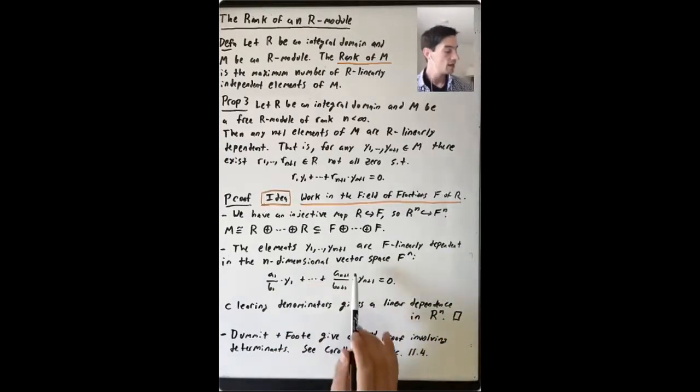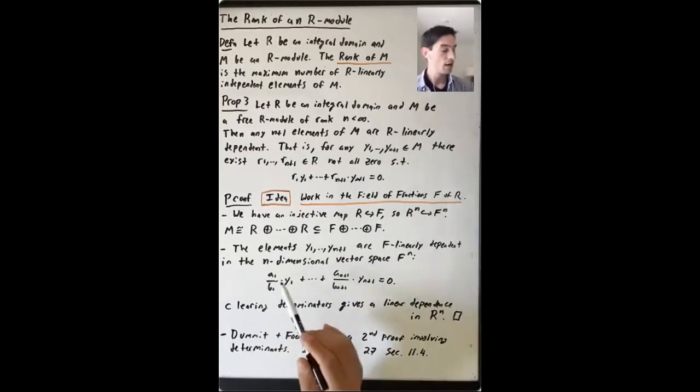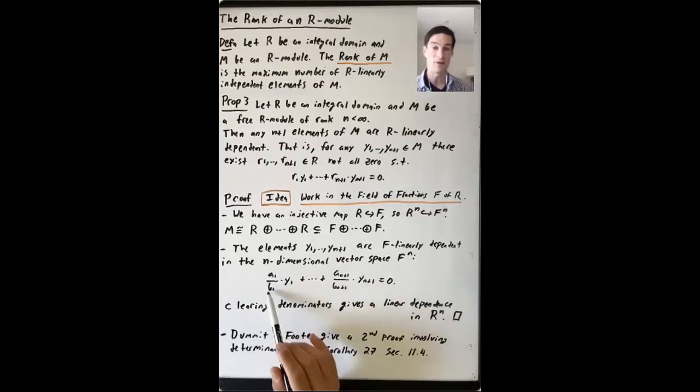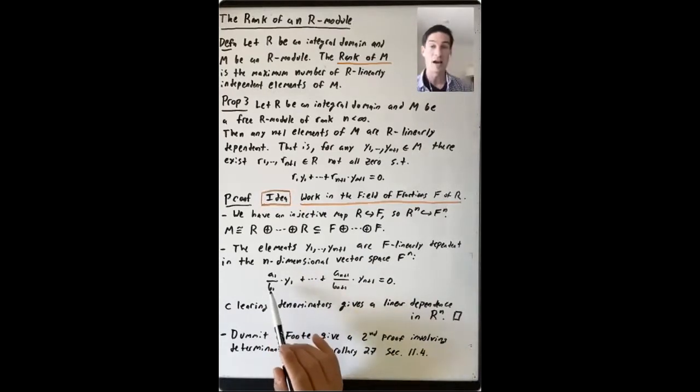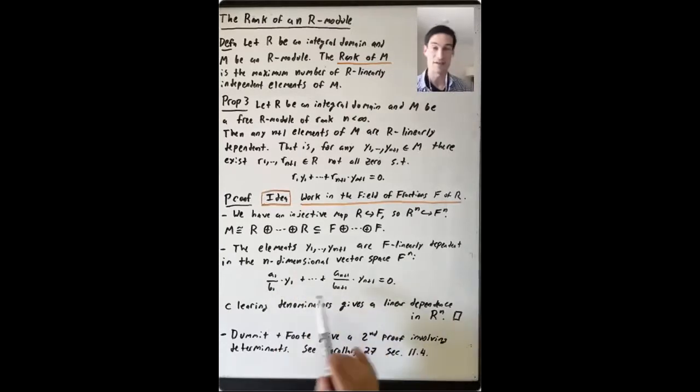So we get a non-trivial linear dependence where the coefficients are now in F. F is the field of fractions of R, so we can think of those elements as a1 over b1 times y1 plus a2 over b2 times y2, and so on, where the a's and b's are elements of R, and the b's are not 0. These are elements of the field of fractions. So we get this linear dependence.